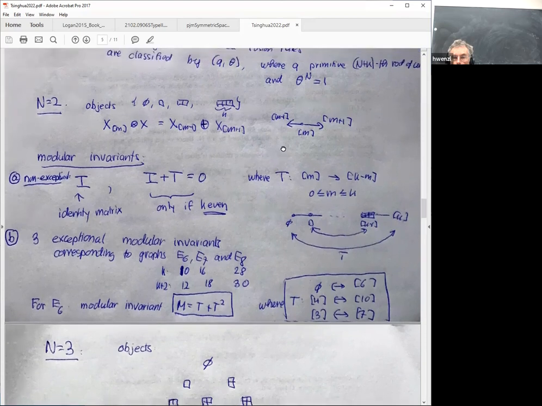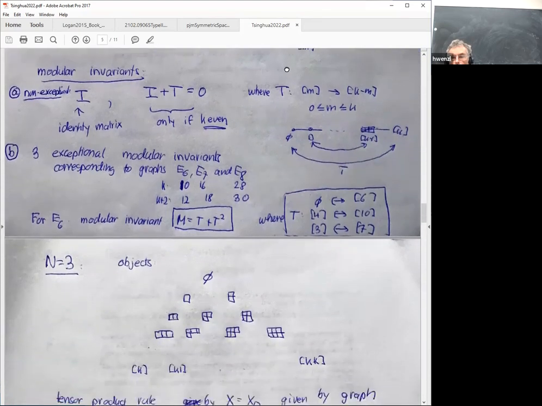What are the modular invariants here? This was essentially already classified in an old paper by Goodman, de la Harpe, Jones, without using that notation. And so we have what I would call the non-exceptional ones, because they appear for infinitely many k's.